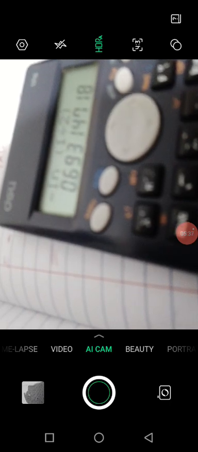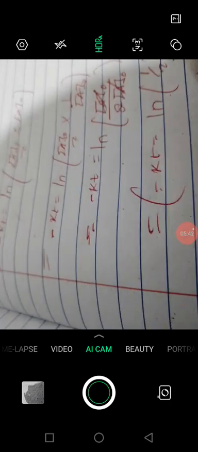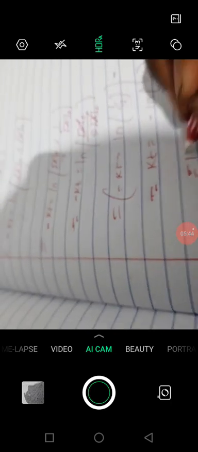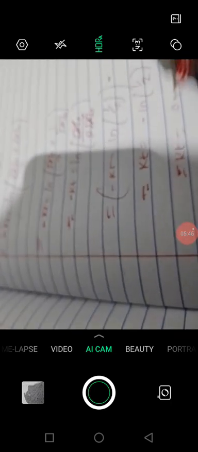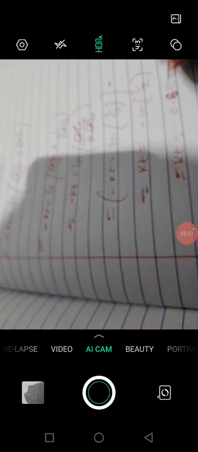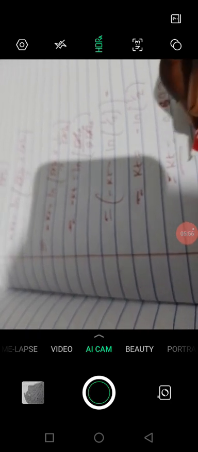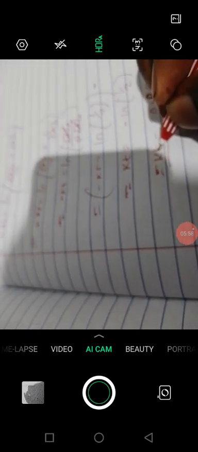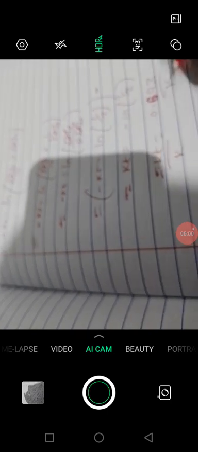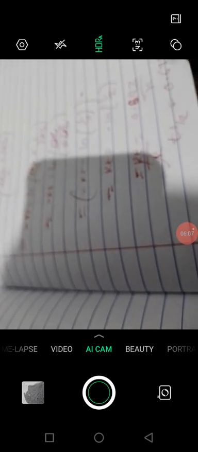The answer is 0.693, so kt is equal to 0.693. I'm looking for the value of t, so I divide by k, which is the rate constant, and my value of t, which is the half-life, is equal to 0.693 over k.